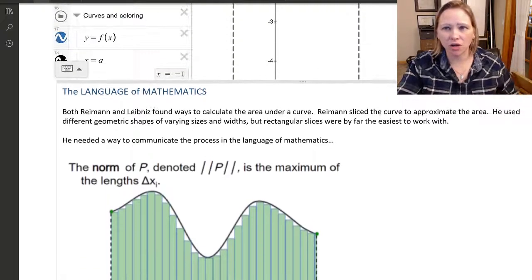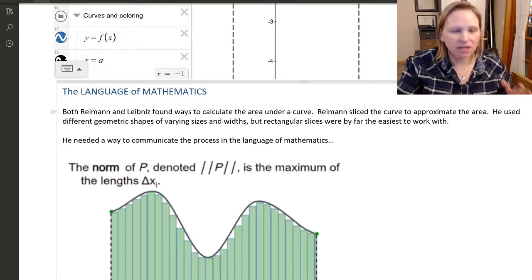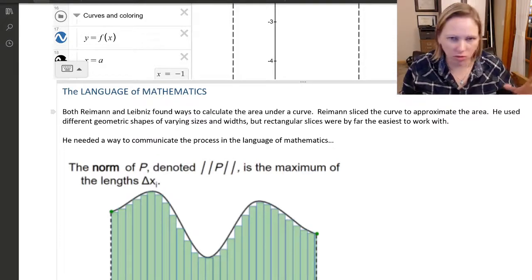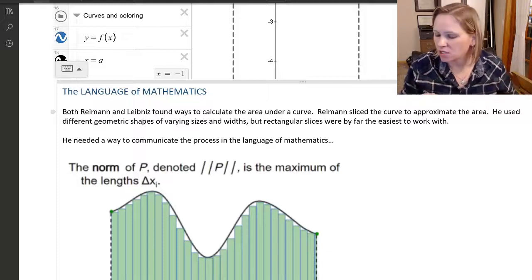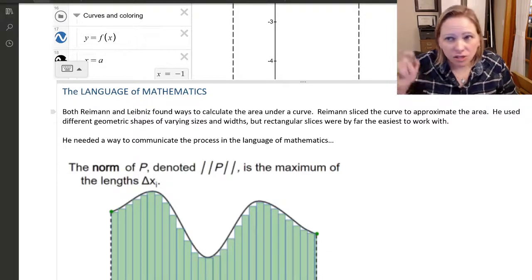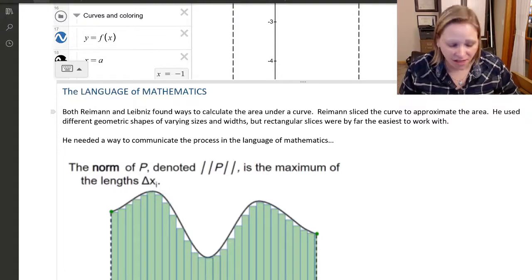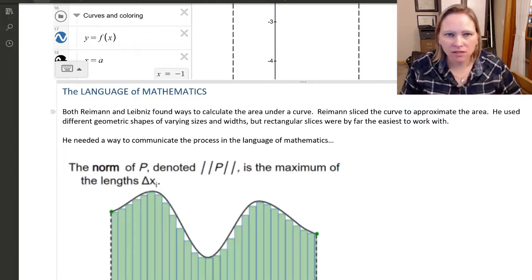You don't need to copy all of this down by any means, but Riemann and Leibniz found ways to calculate the area under the curve, along with many, many other people. They're just the ones whose names get to be in our books. Riemann sliced the curves into rectangles and added them together. And his way was great, and he wasn't the only one to do this by any means.